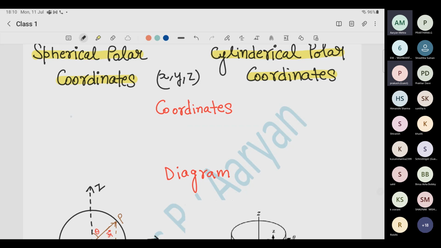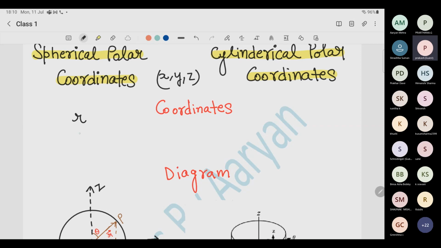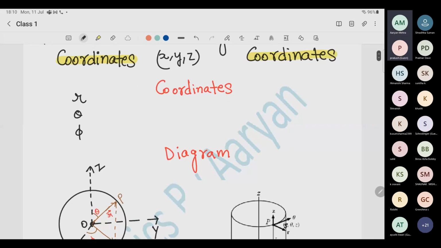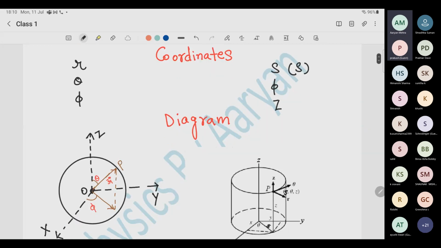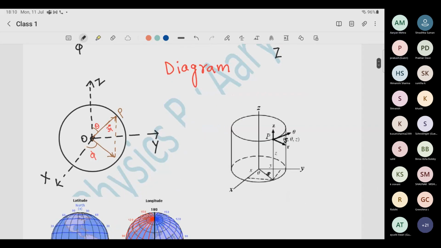We have 3 coordinates: one is R, one is theta, and one is phi. In cylindrical, we also need 3 coordinates. One is S, sometimes we also call it rho. Here we will call it S. Second is phi, and third is Z. So what are these 3 things? Let's see with the help of a diagram.